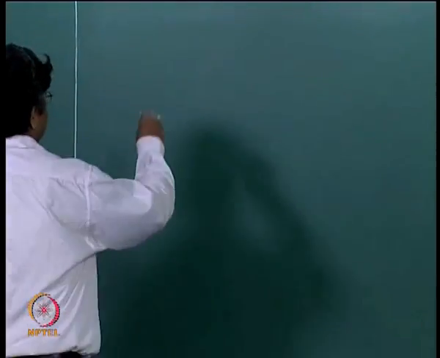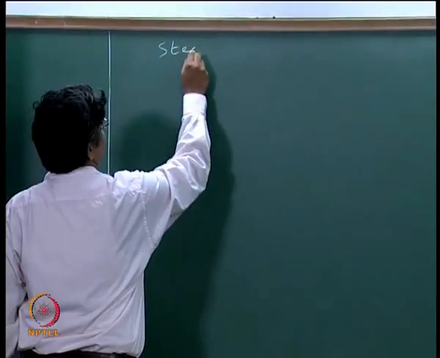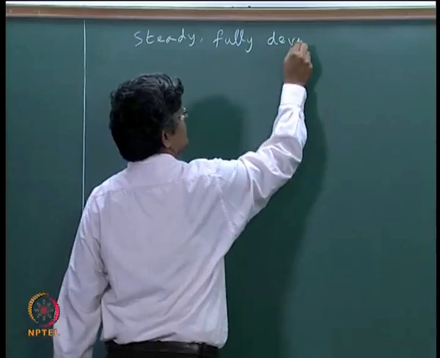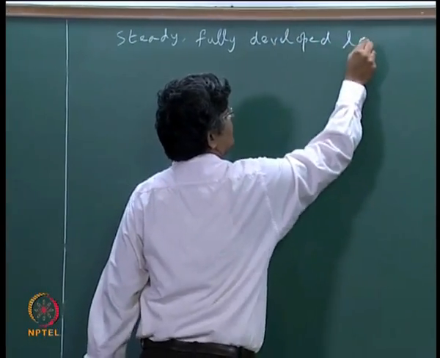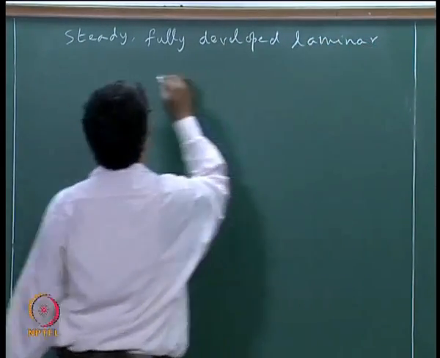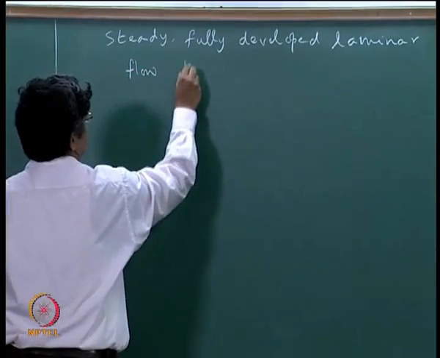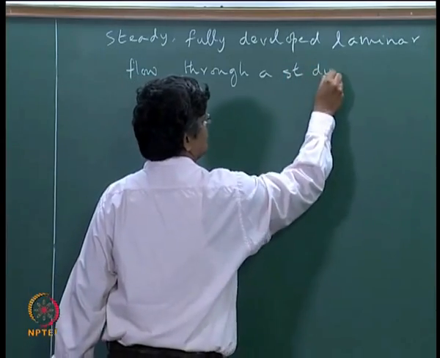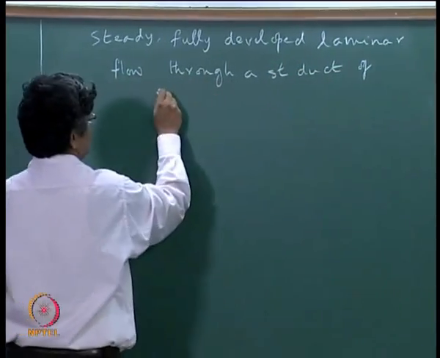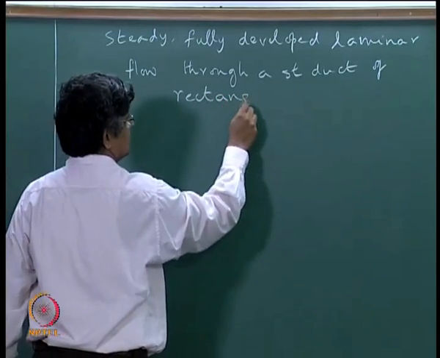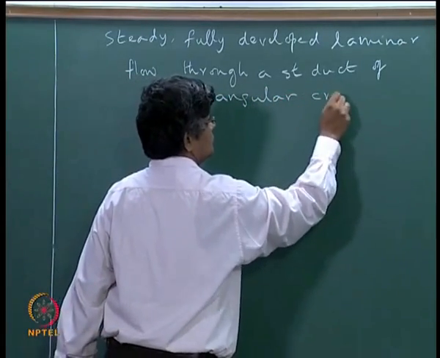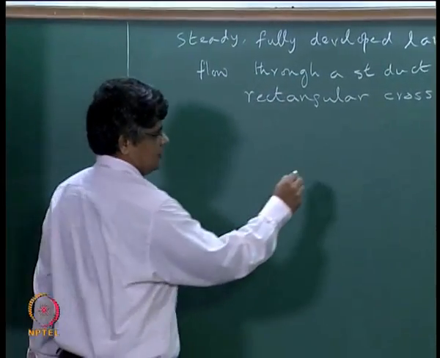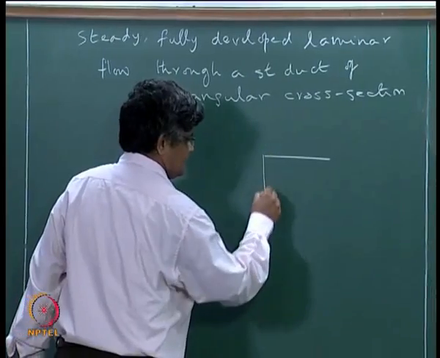So what we are looking at is steady, fully developed laminar flow through a straight duct of rectangular cross section. So we take the geometry to be like this.